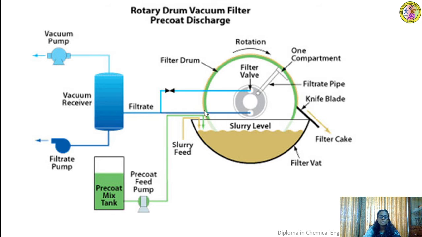So a cake thickness has formed here and it gets the washing cycle done at this position, then the drying cycle when it comes to this position. Then by the time it comes here, the doctor's knife will have been adjusted to such a position that its sharp edge is cutting off all the deposited cake from the outer surface of the drum.